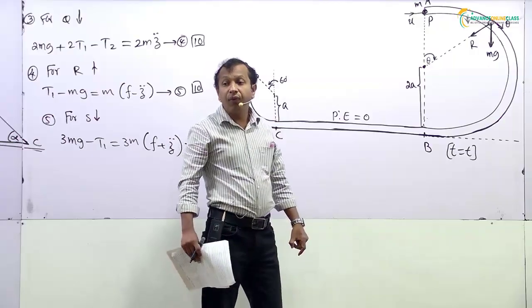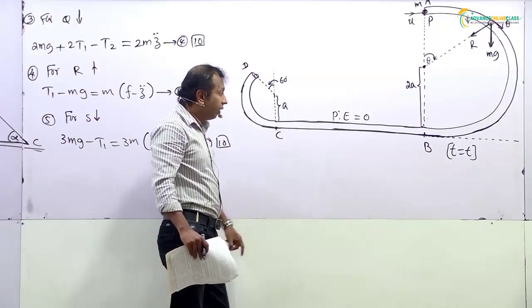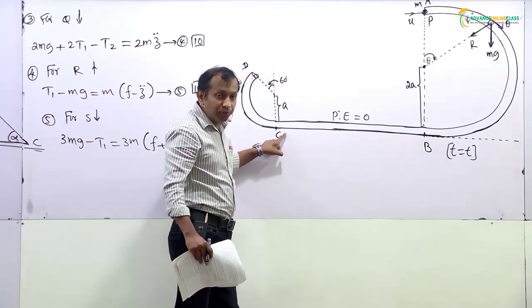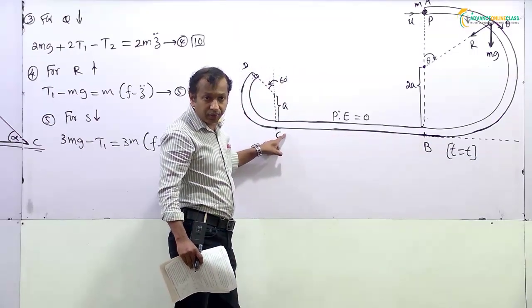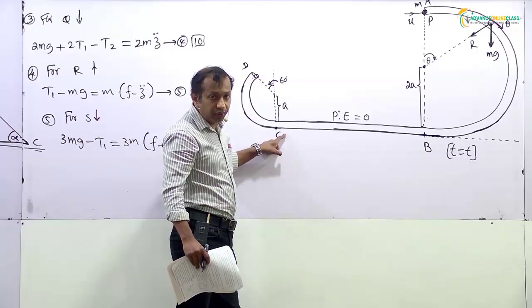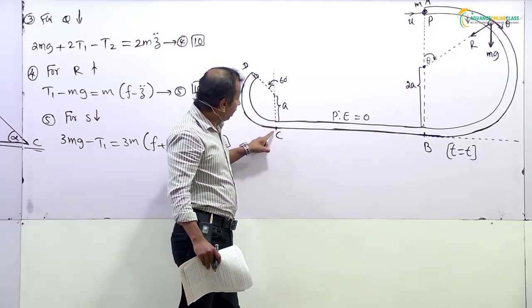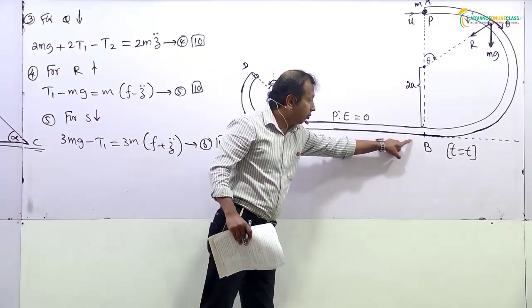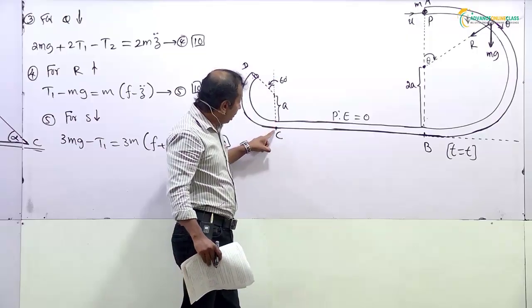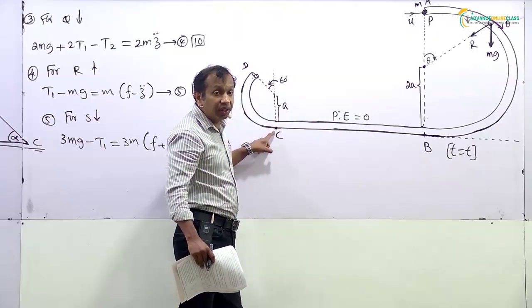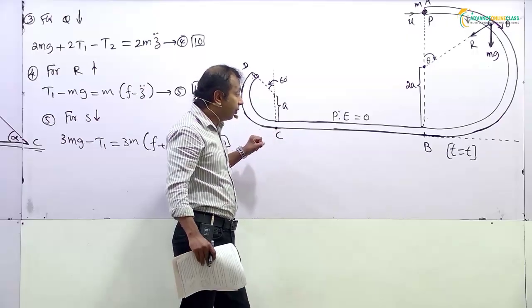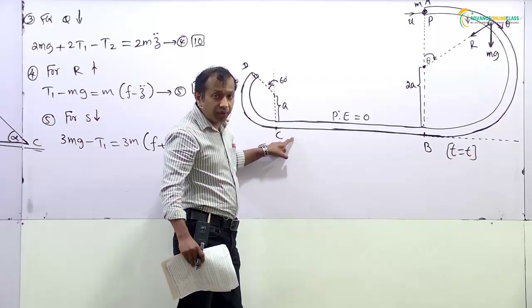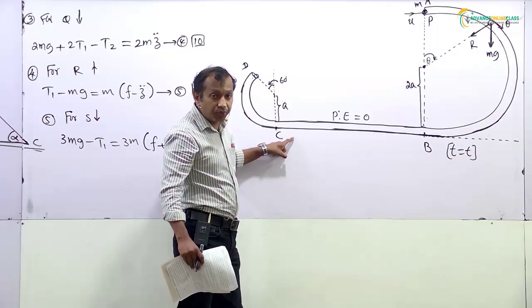So therefore, we can clearly see here the loss of energy to move from B to C, right? The loss of energy in moving from B to C. And once it reaches the point C, the energy it has. That means for this BC motion, the particle spent 200 rupees.